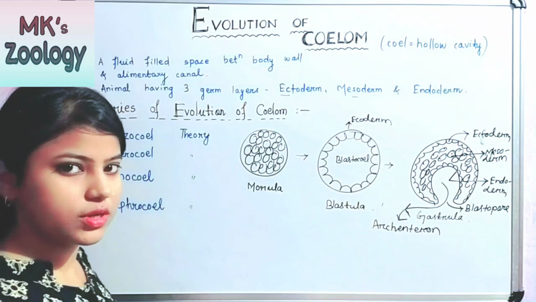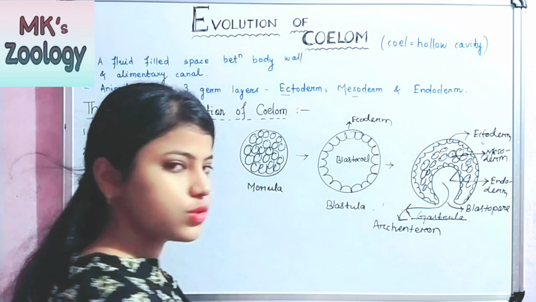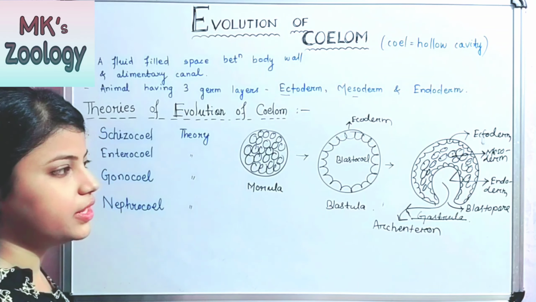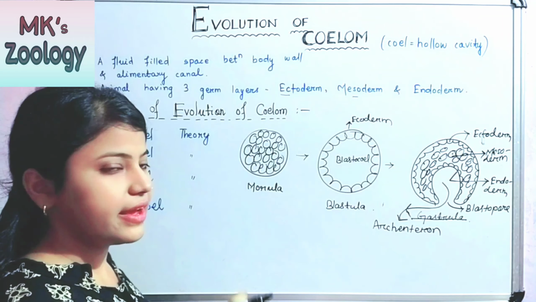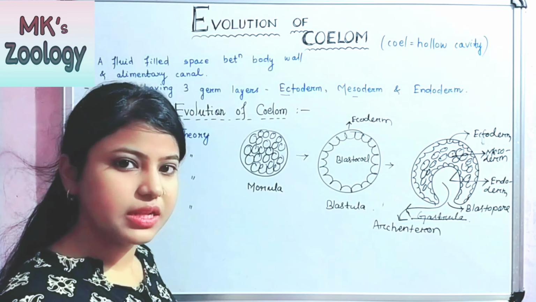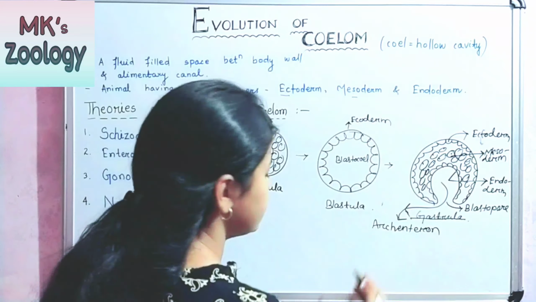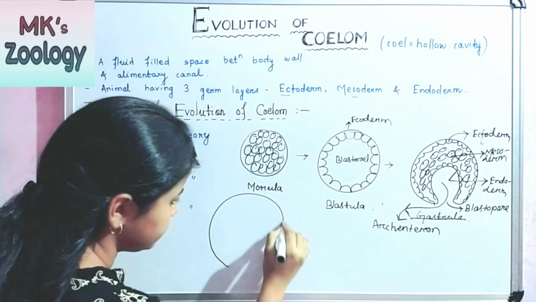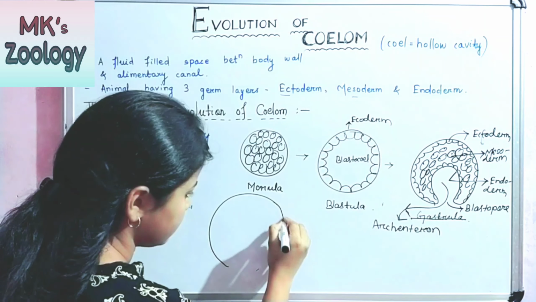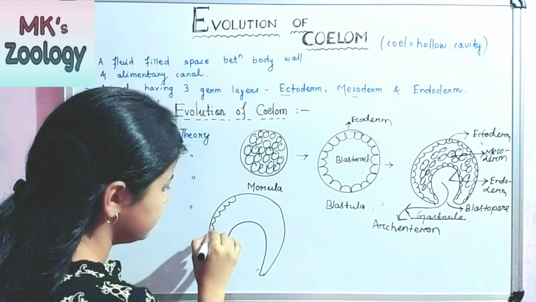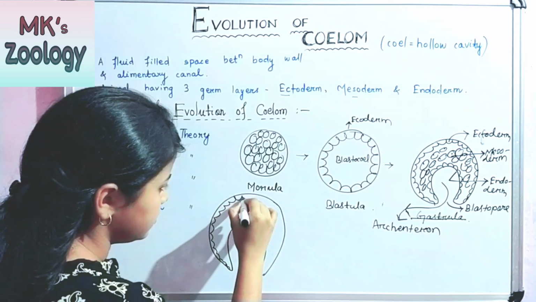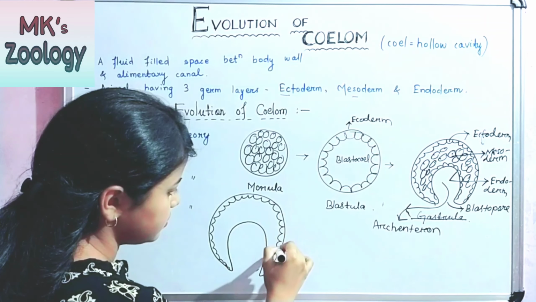So what happened here? Coelom is formed in the last stage of gastrula. Okay, what happened here? In schizocoel theory, the coelom is formed by the splitting of mesodermal cells. These are the mesodermal cells. This is gastrula. These are epidermal cells.